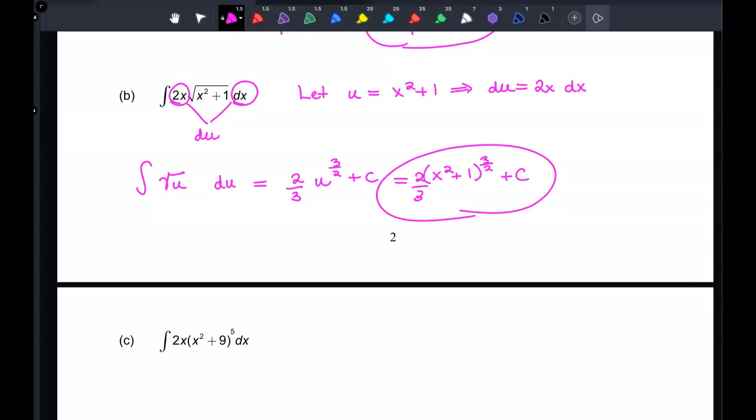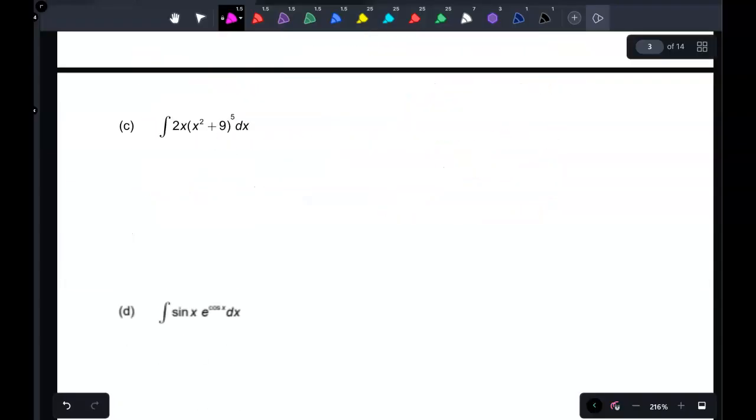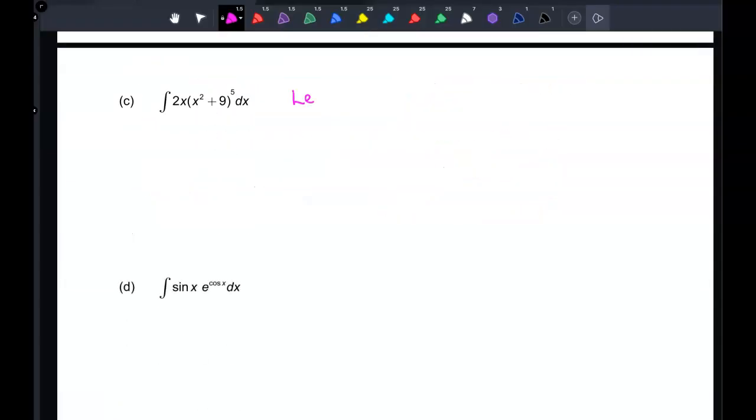Good so far? Okay. Now the next 2 pages are just more examples. Let's see. What are we going to let u equal to here? x squared plus 9. So du is 2x dx. Now, I purposely made these problems work out nicely. We'll gradually get into some that are going to be a little different.